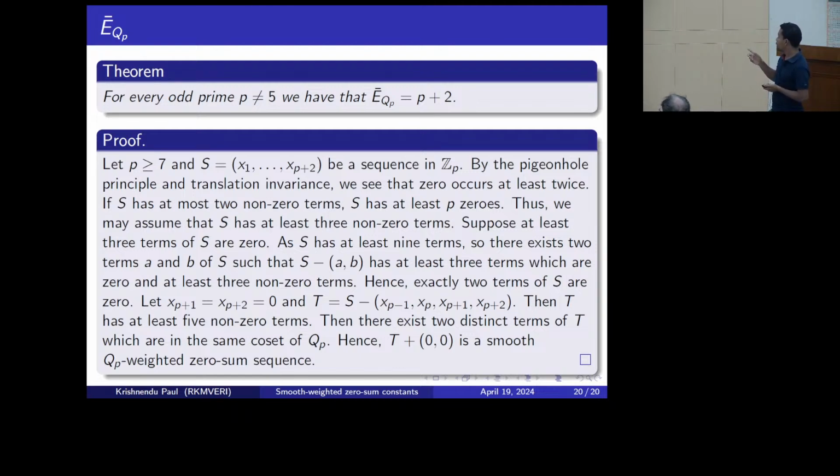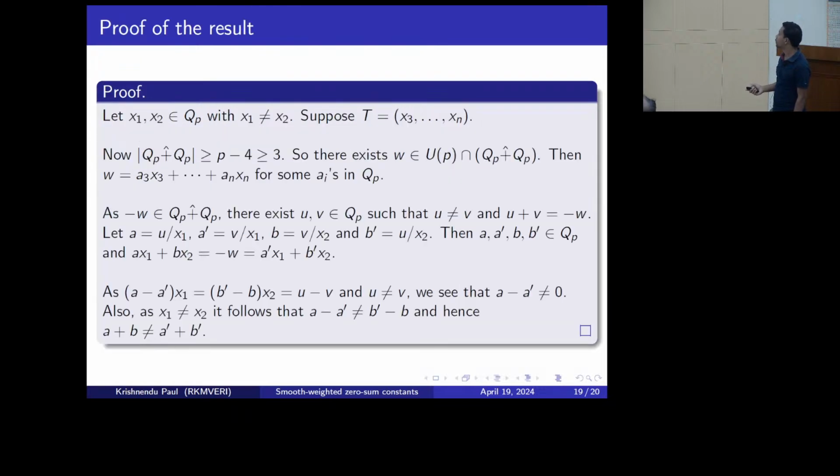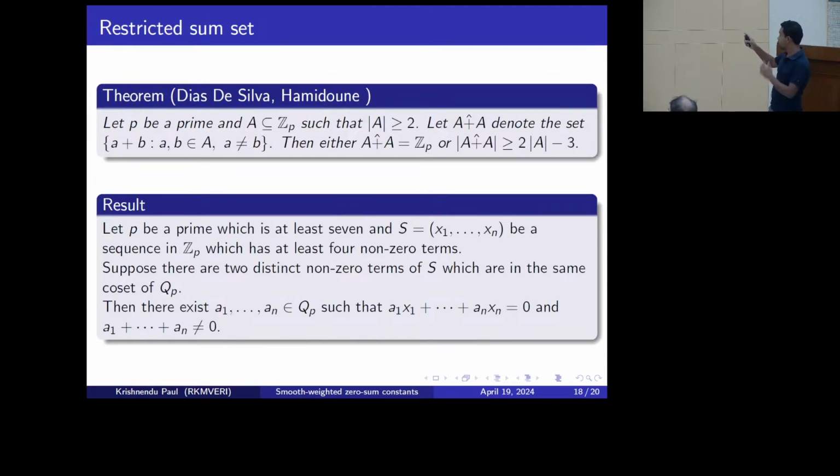And now by the Pigeonhole principle, 3 of the non-zero terms will be in the same coset of QP. So then there exist 2 distinct terms which are in the same coset of QP. Then this satisfies the condition of the previous result: at least 4 non-zero terms and 2 distinct non-zero terms in the same coset of QP.